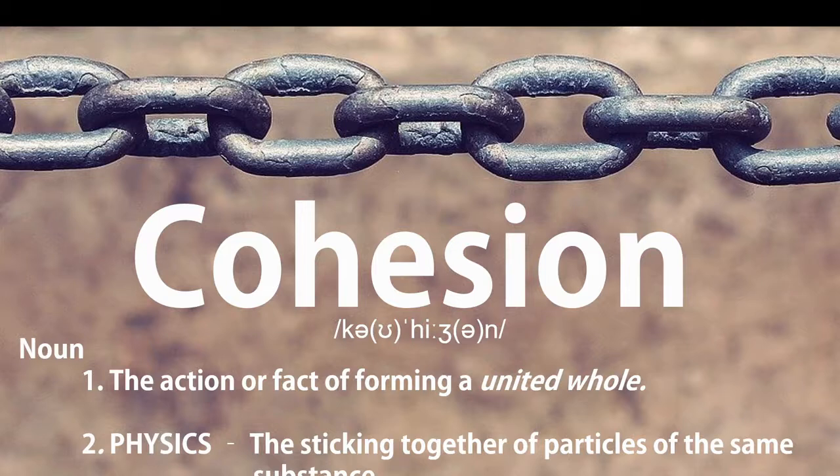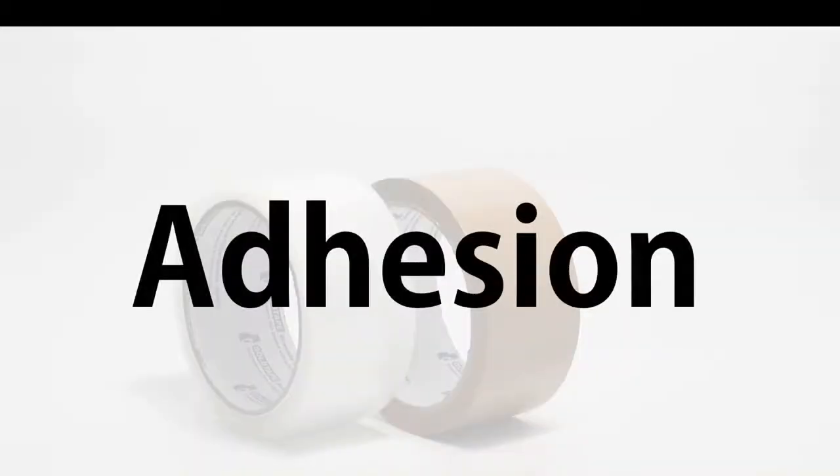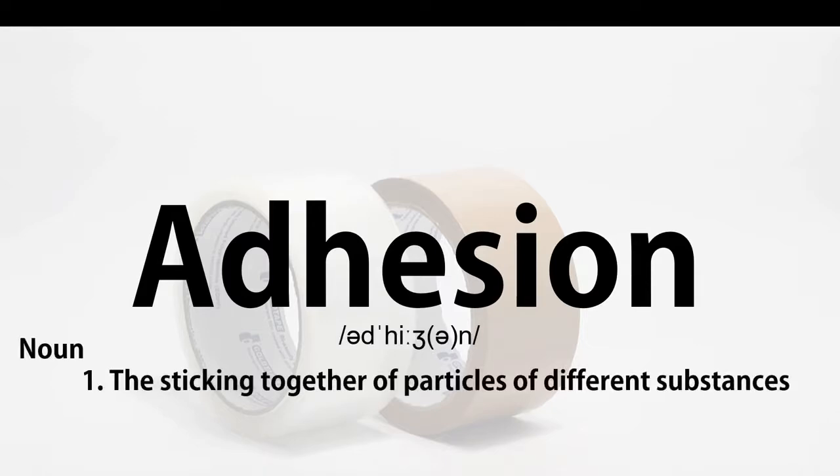And this is very valuable for us as writers in how we are going to create a unified whole piece of writing. But additionally, it's important that we look at another idea that is similar but different to cohesion, and that is adhesion. Adhesion is similar to cohesion, but we use dissimilar substances to make things stick together.